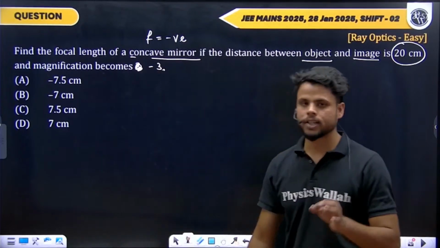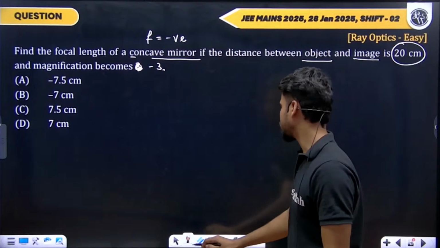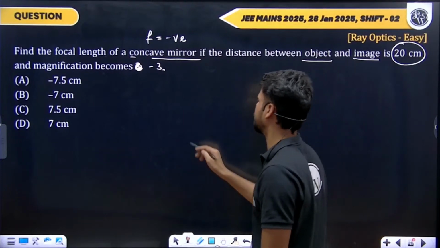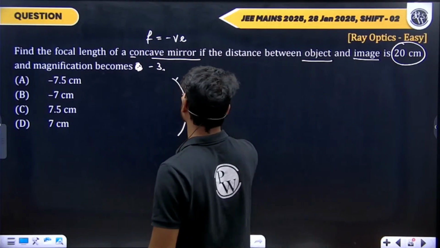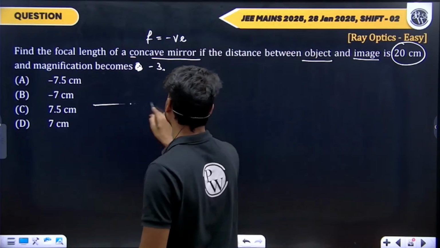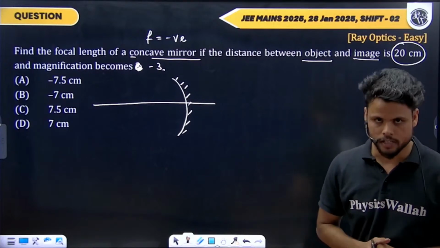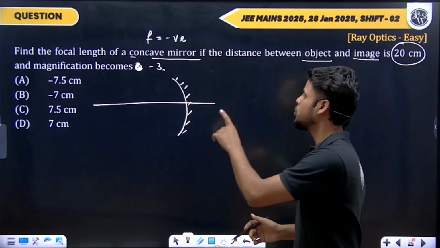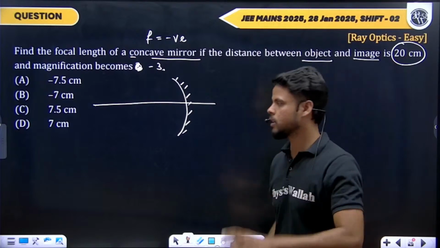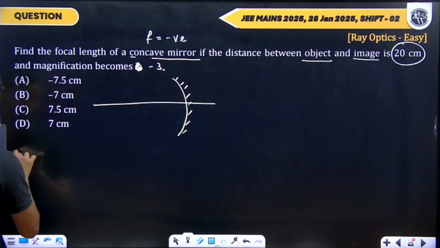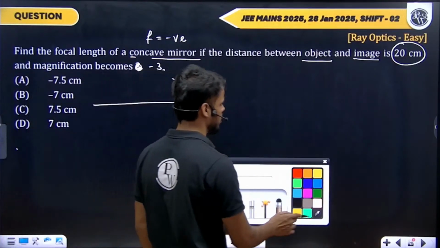Okay, so first of all, we will try to understand what our diagram will be. So I am drawing a concave mirror. As you know that if we are getting a magnified image, then definitely u will be less than v, because we can say that magnification is minus of v upon u.